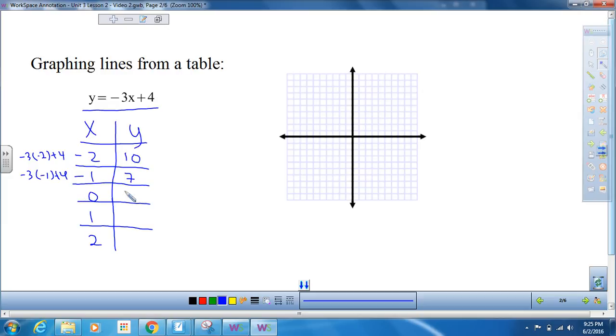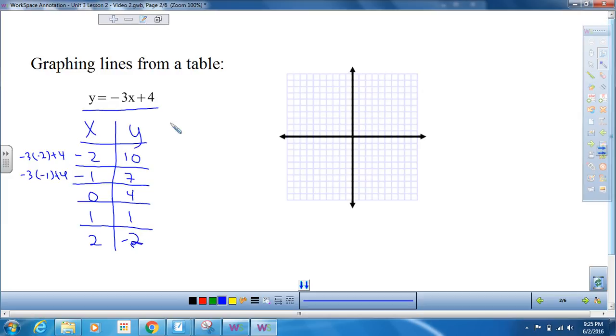Okay, same thing for these 3. You can pause and try it on your own. And we get 4, 1, and -2.